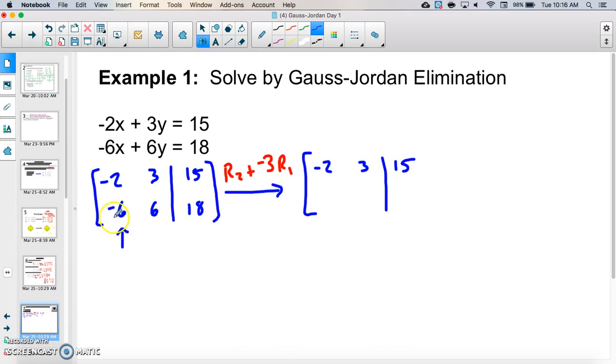Now I'm doing row 2 plus negative 3 times row 1. So this turns into a 0. Negative 9 plus 6 is negative 3. And negative 45 plus 18 is going to give me negative 27.